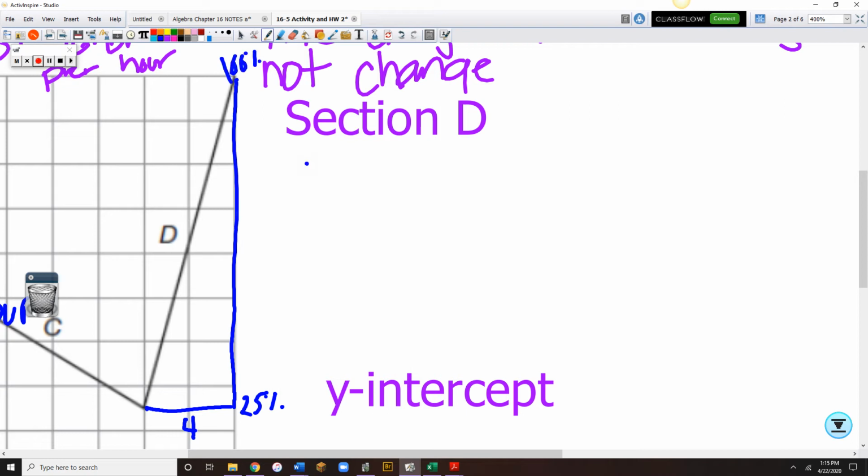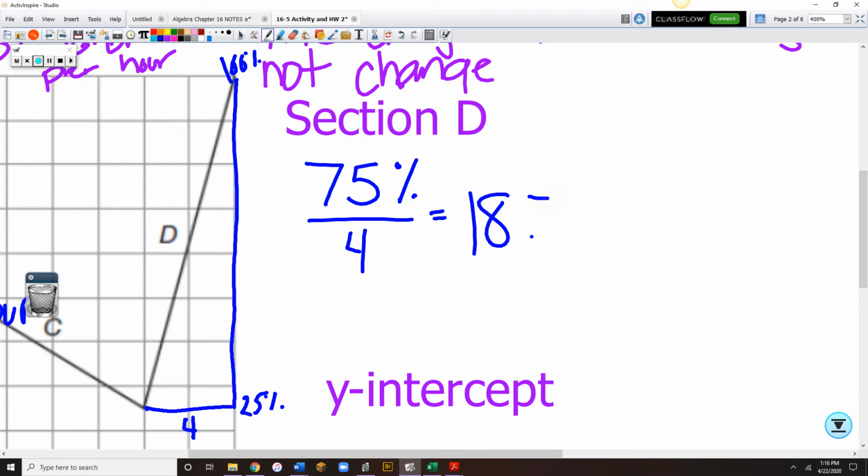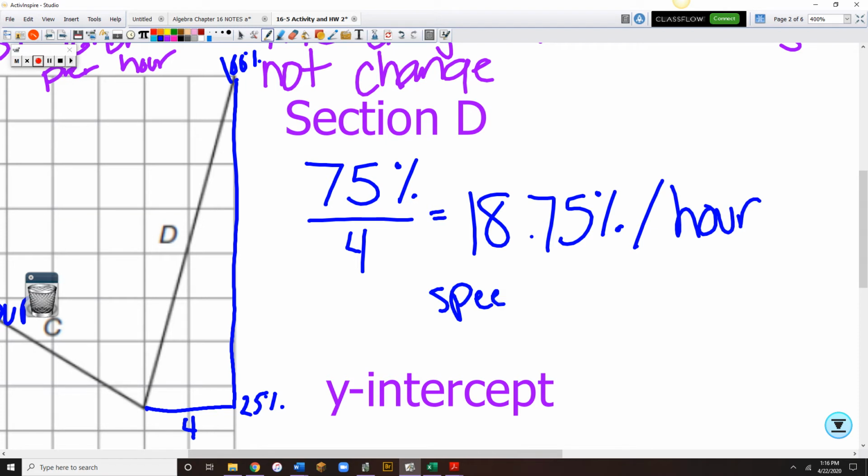So that is a change of 75%, which is positive because the phone is charging over the course of 4 hours. So that divides out to be 18.75% per hour, which is the speed that the phone charges.